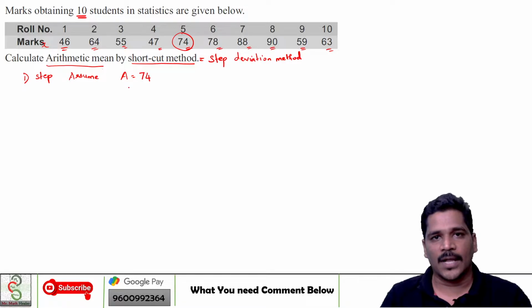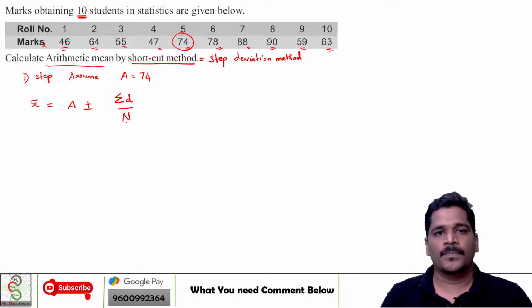From this I'm going to calculate the arithmetic mean. The formula is: arithmetic mean, denoted by x bar, is equal to a plus or minus summation of d divided by n. You may get confusion regarding d.